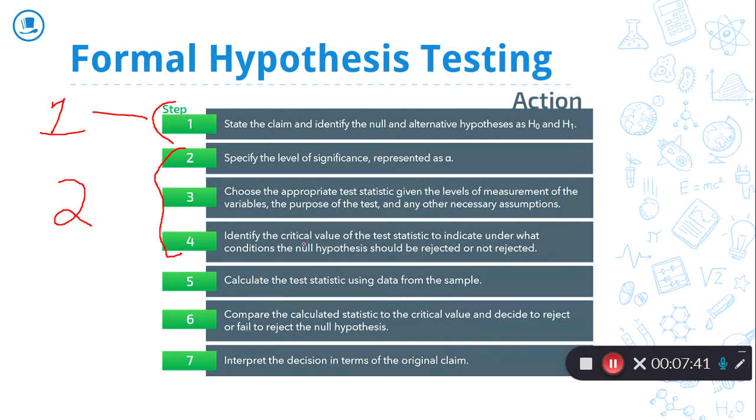And that is down here, choosing the critical value of the test statistic to indicate under what conditions we're going to reject the null hypothesis or not. All of those things for me boil down into one step, and we'll go over that later on. Top Hat step 5 is calculate the test statistic using data from the sample.